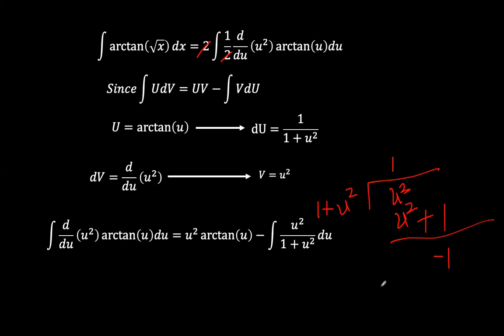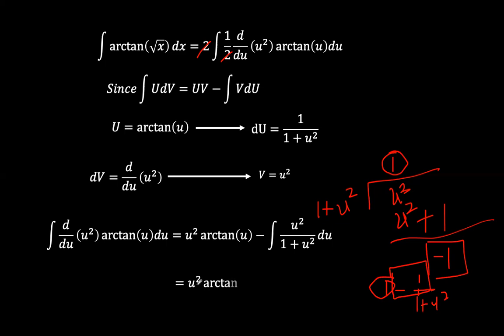So this fraction here is the same as 1 minus 1 over 1 plus u squared. Yeah, and this 1 coming from here, and this -1 here coming from this portion here. And so now we can plug that in here. So we have u squared arctangent of u, minus the integral of 1 minus 1 over 1 plus u squared.